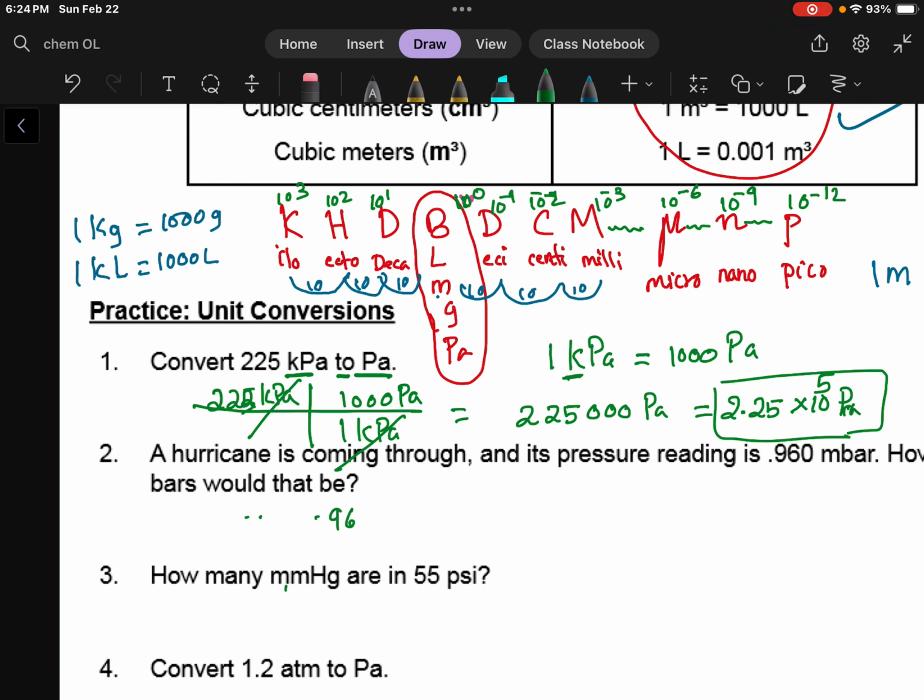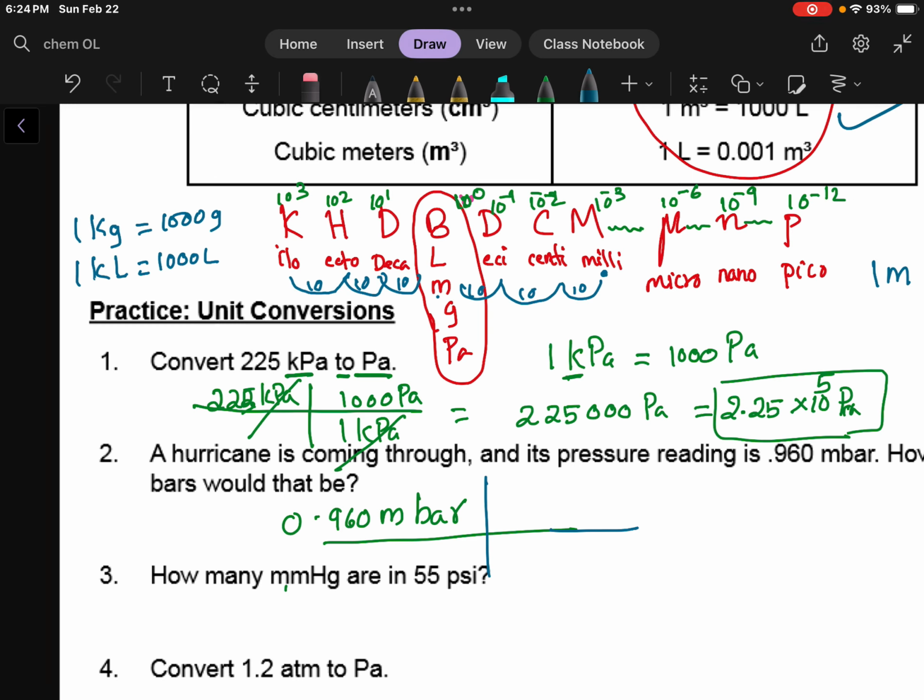Okay, that is one conversion using King Henry, and this one is also the same. It says 0.960 millibar, and you are converting that into bar. So how many millibar in 1 bar? Millibar is here, you have to go how many times? 1000 times.